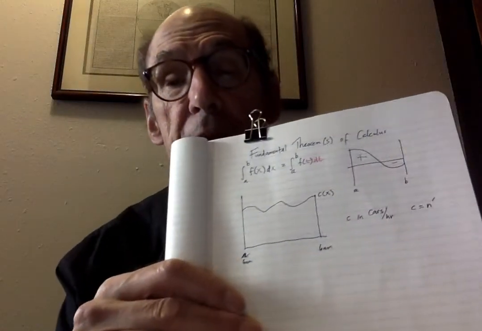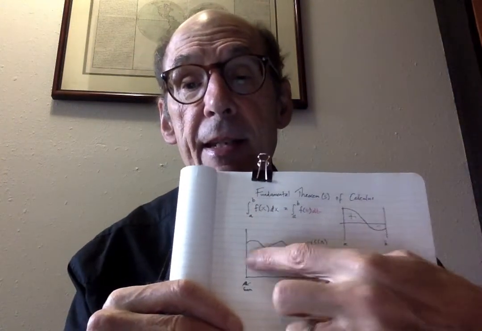Now, there are a couple of things that we can do with this graph and understanding this area. Now, in this case, c seems to be positive everywhere.